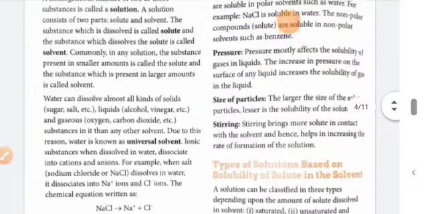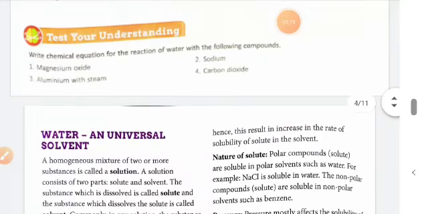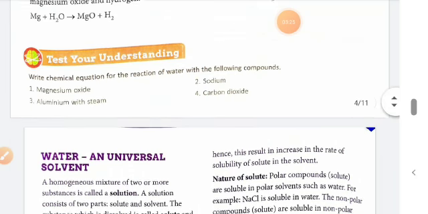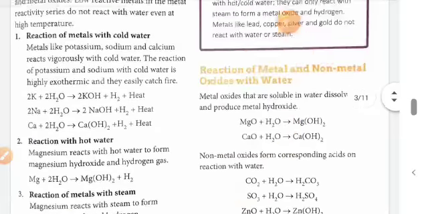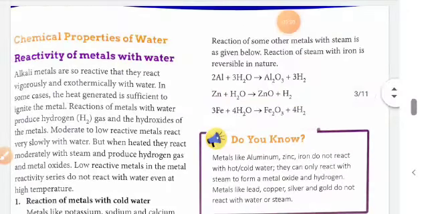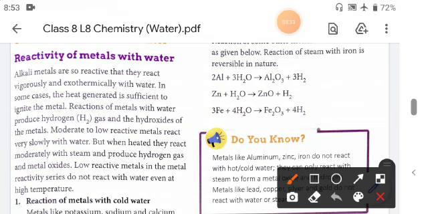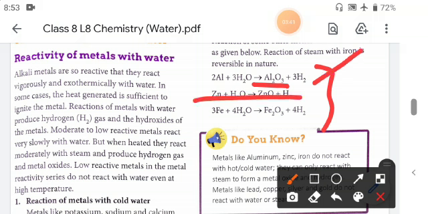Now when water reacts with aluminum, zinc and other metals, what will happen? Here water reacts with aluminum to give its oxide, that is aluminum oxide and hydrogen, and zinc reacts with water to give zinc oxide and hydrogen gas.